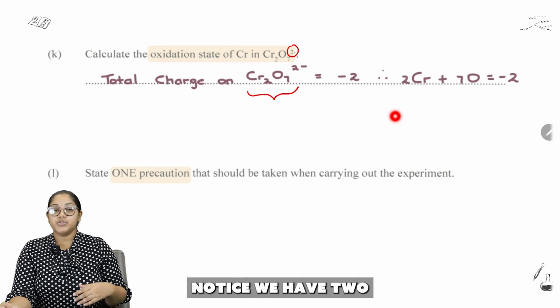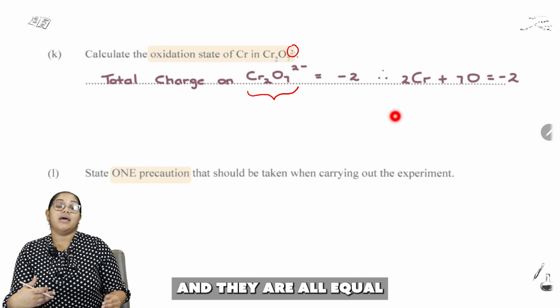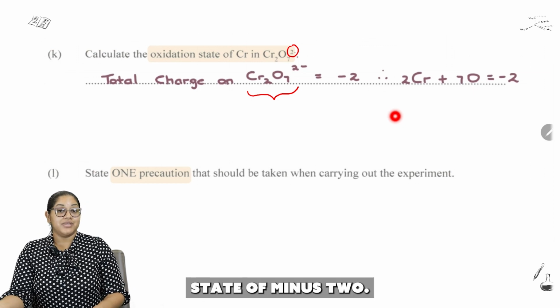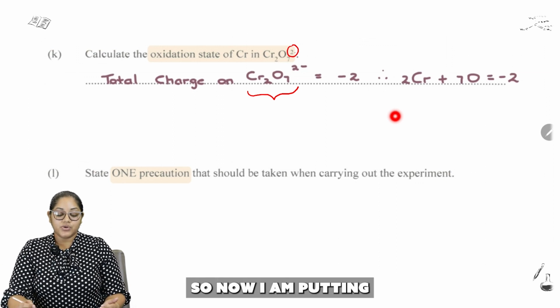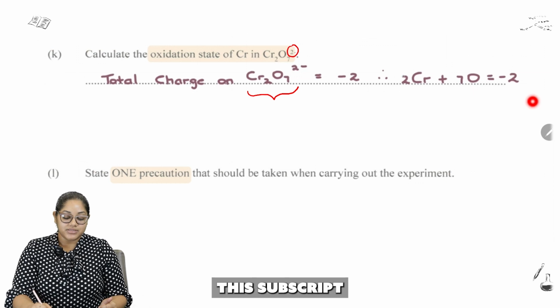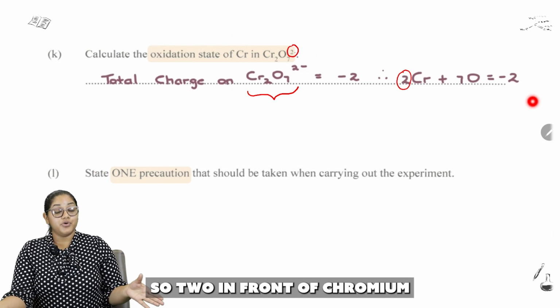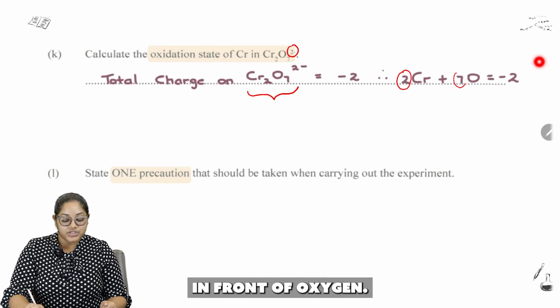Notice we have 2 chromium ions, 7 oxygen ions, and they are all equal to oxidation state of minus 2. So we're just going to make this into a little equation. So now I am putting the subscript as a coefficient. So 2 in front of chromium plus 7 in front of oxygen.